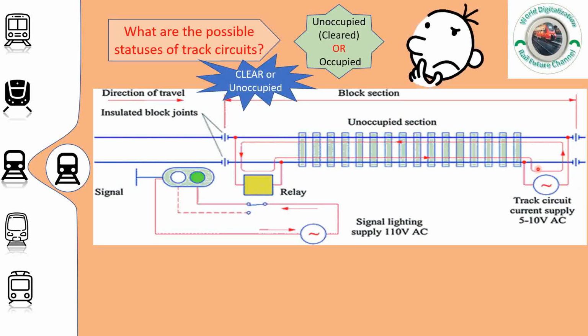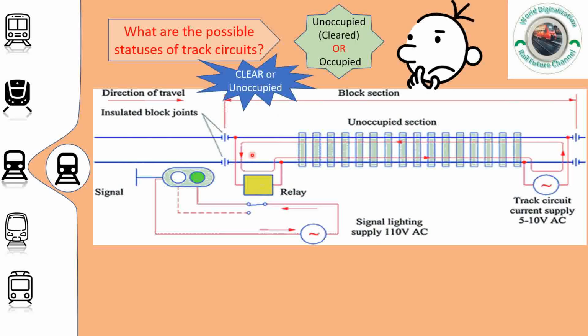The track circuit works like an electrical circuit with a power supply, and we use the track as a medium to send and receive power. We use the relay as a detector. So during the clear status or unoccupied section, there is power sent from the track circuit, moving through the rails and read by the detector or relay.